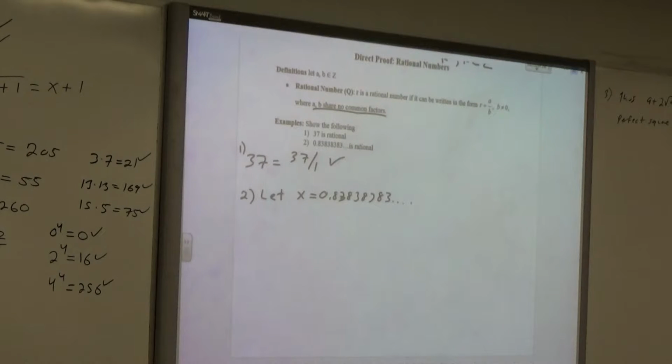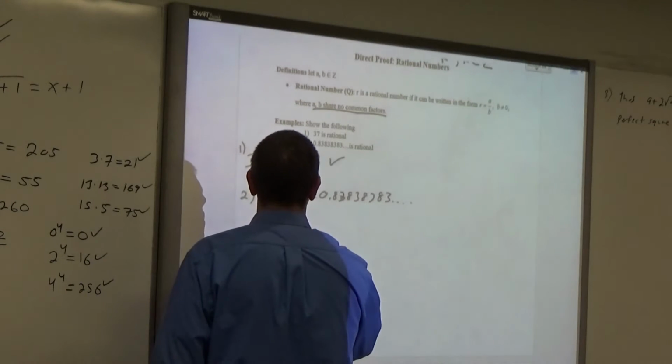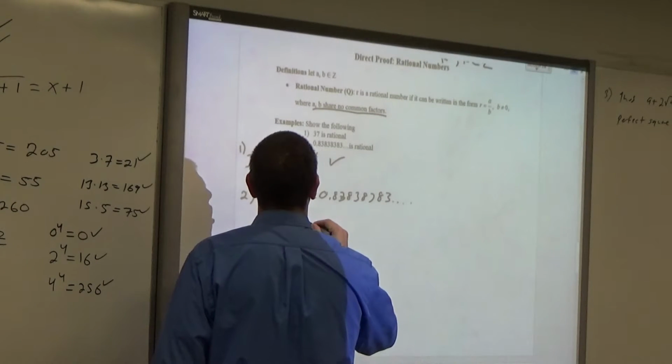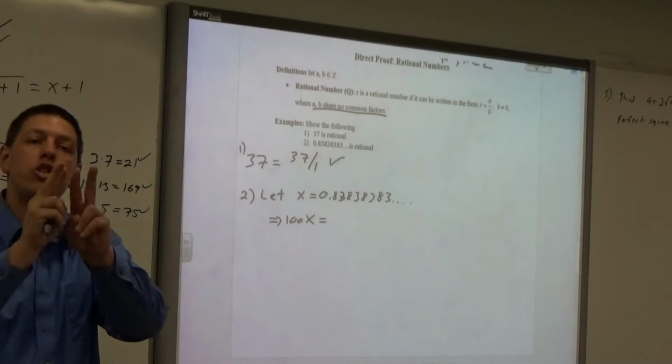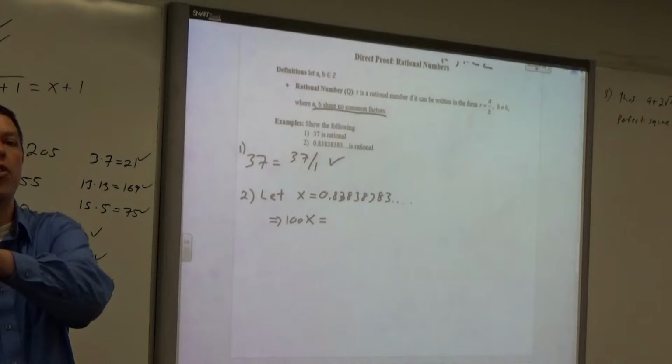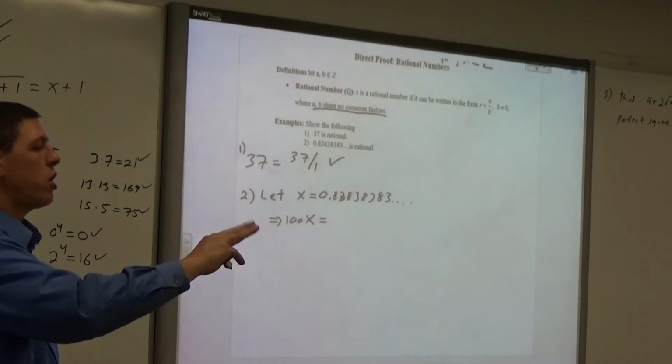And because there's two decimal places that keep repeating, what I'm going to do is multiply it by 100, because that would move the decimal point 2 places to the right. So this implies that 100x, and again, because only two digits are repeating, I would say 100. If it was 3 digits, it would be 1,000.